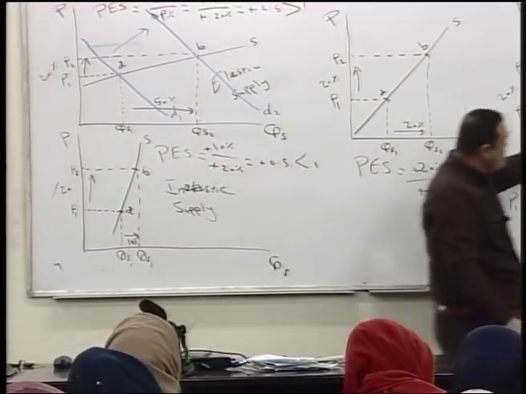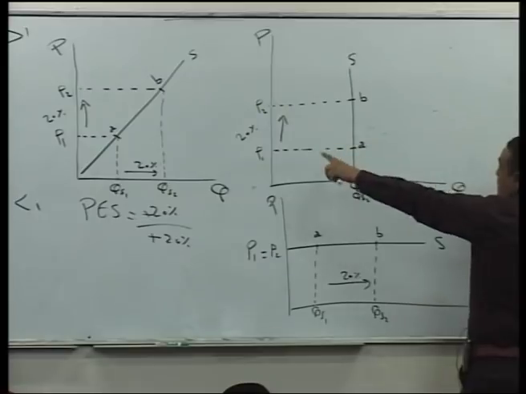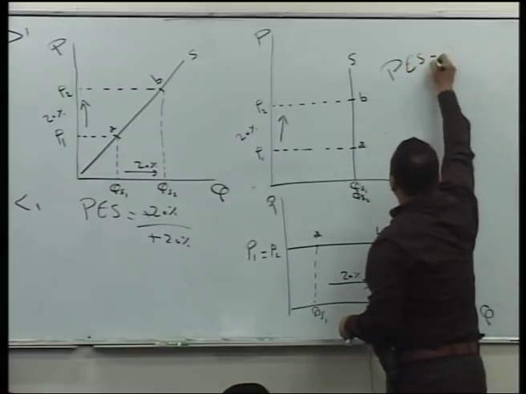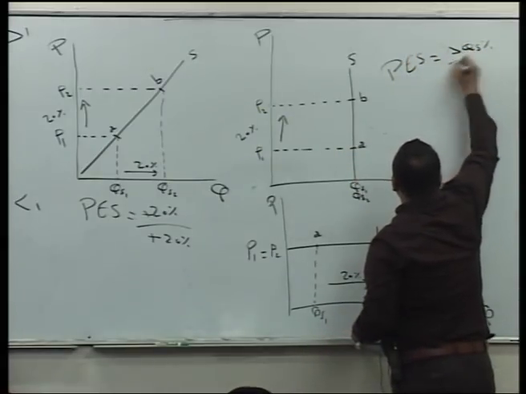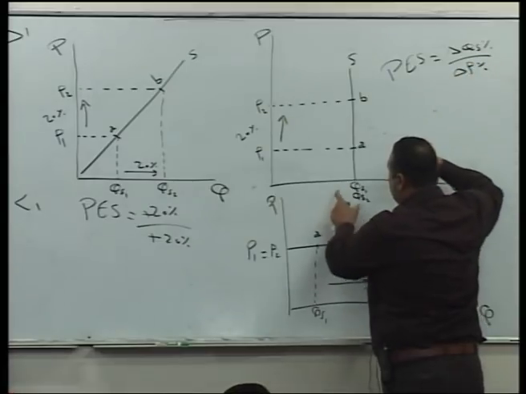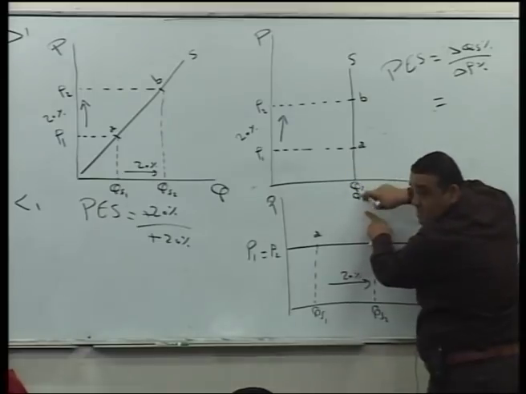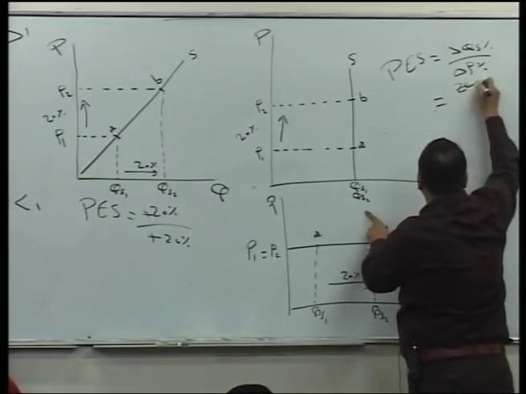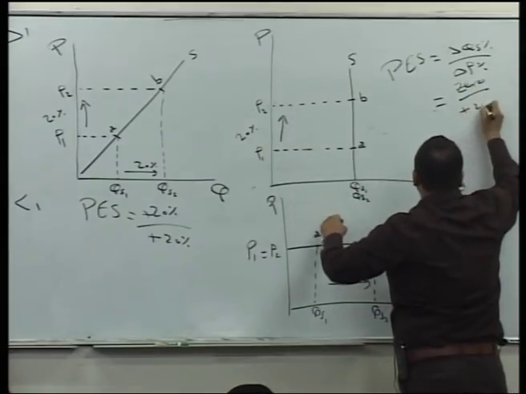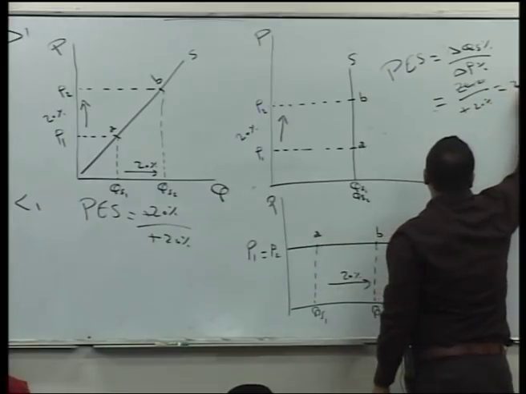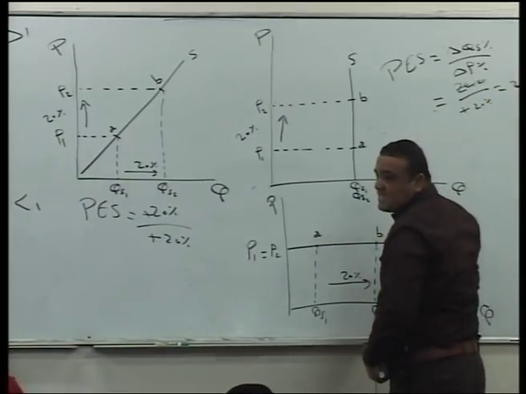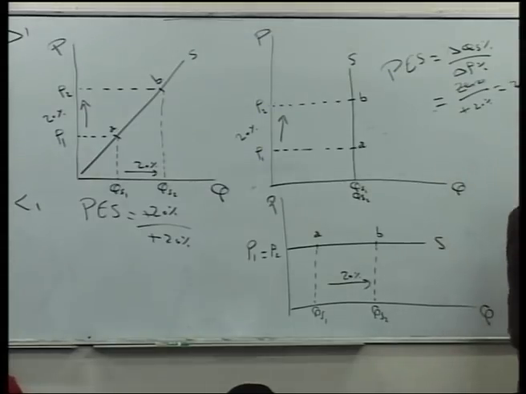Here, PES, percentage change in quantity supplied over percentage change in price. The percentage change in QS equals how much? 0 over change in price positive 20% equals 0. So supply is perfectly inelastic.